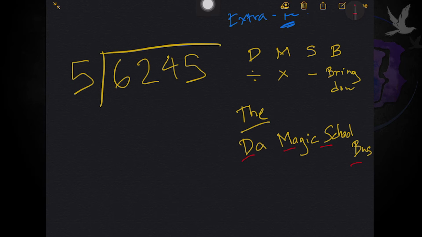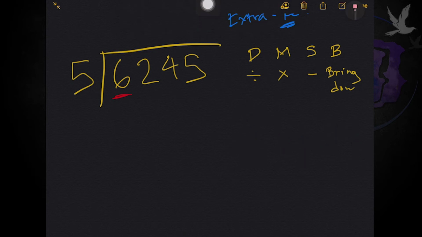This is one situation in division in which you can get the first digit, which is in this case, I'll just erase this part here so that we won't get confused. I'll just leave the initials, the MSB, and what they mean. Okay. So we can take the first digit, which is 6, and divide it with 5.